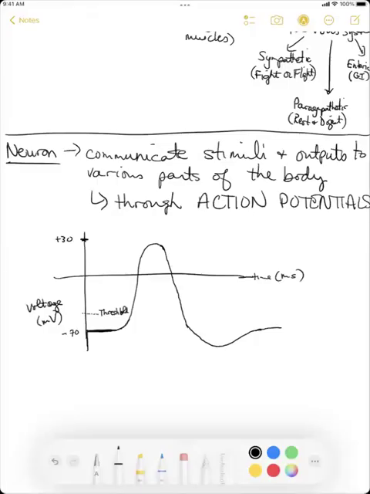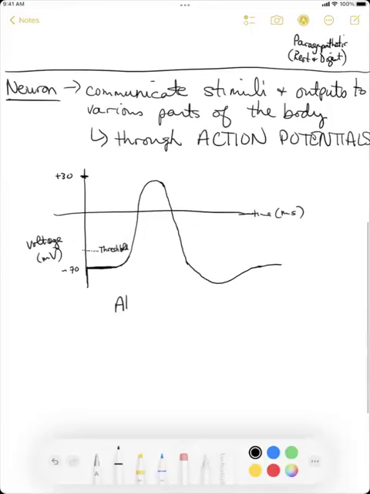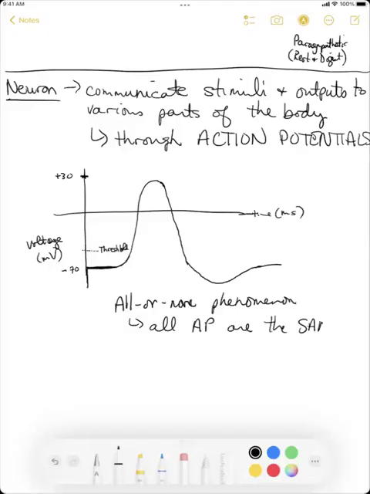So the real question here is, if all action potentials are an all or none phenomenon, so you either get an action potential or you don't, and all action potentials, I'm going to say AP for action potential, are the same magnitude, this actually brings up a bit of a problem in nerve conduction.